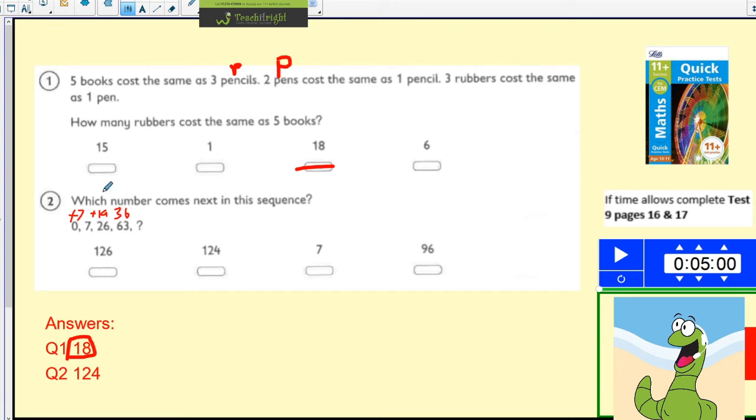So to go from 7 to 19, the difference is going to be 12. And then 37 and 19, the difference is going to be 18. So would my third difference be 6 more? Would it be 24? So 63 plus 24?